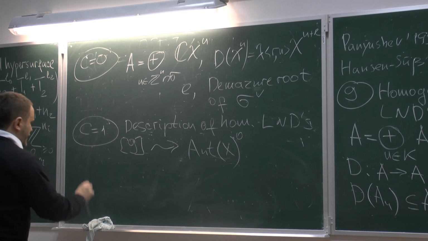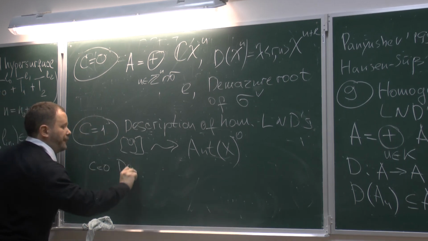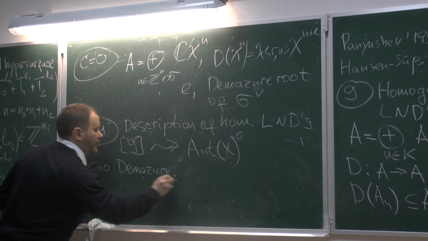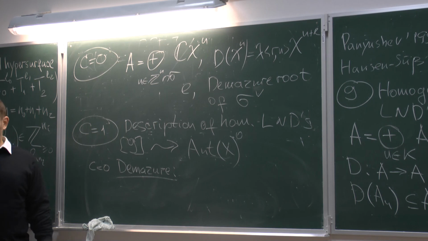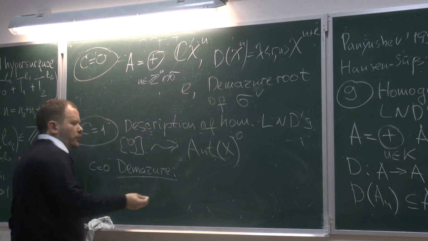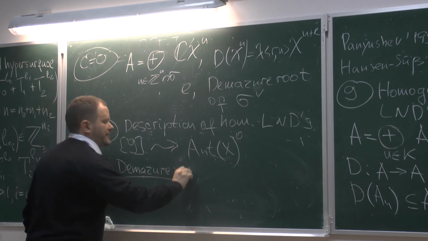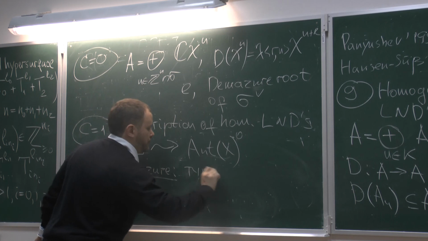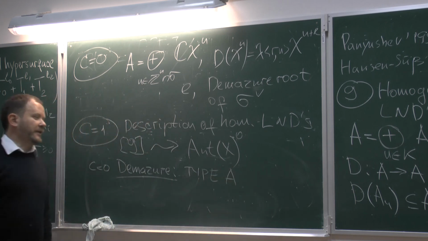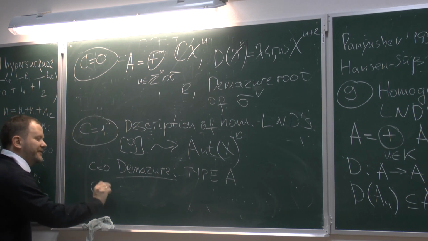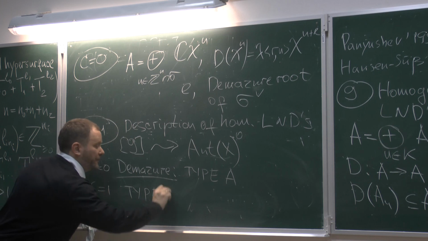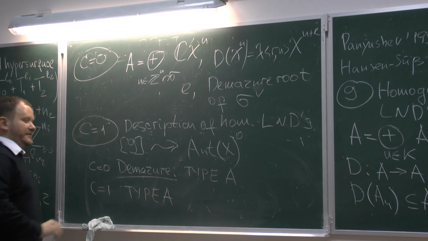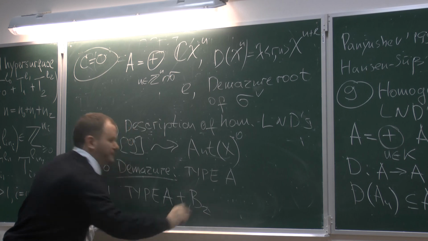So the toric case is classically known. This is due to Demazure. And a remarkable result is that when you consider the semisimple part of the automorphism group of a complete toric variety, this is a linear algebraic group, and the semisimple part has type A. And in complexity 1, what is nice is that we have type A plus exactly one new root system, as Nikolai Alexandrovich requested, namely B2.